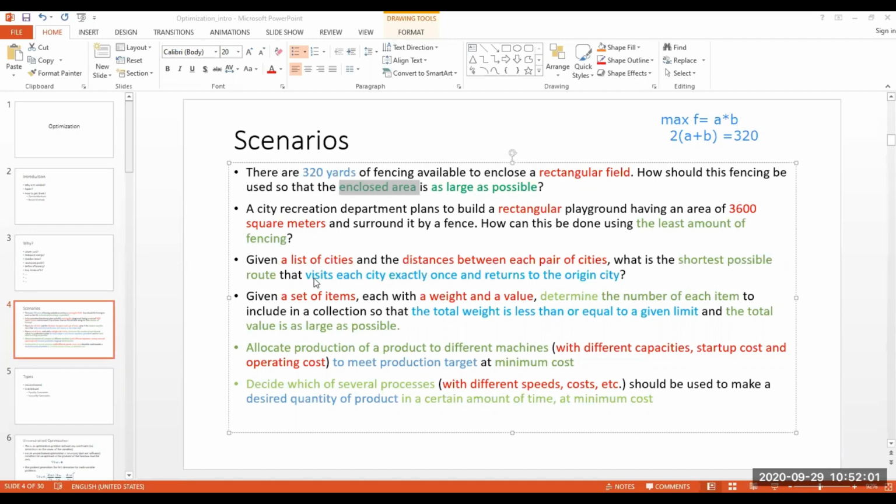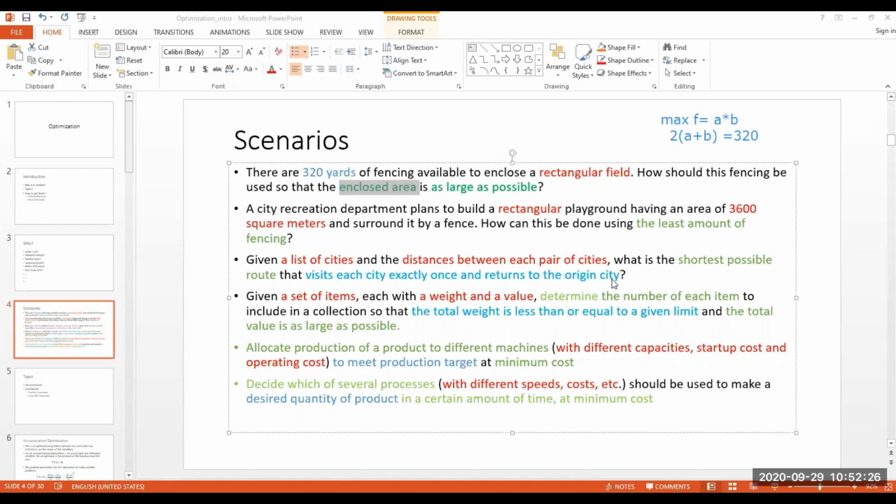So what is the constraint? The constraint is you have to visit each city exactly once, and you have to return to the original city. So let's say we start from Dhaka, and you have to cover Khulna, Barishal, Chittagong, Rajshahi only once, or exactly once. Not more than once and not less than once. So this is an equality constraint.